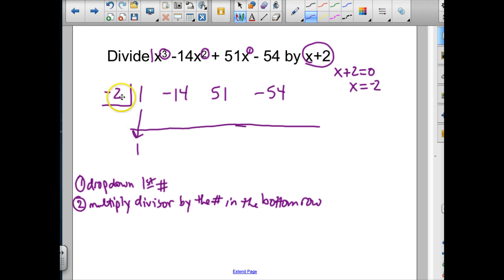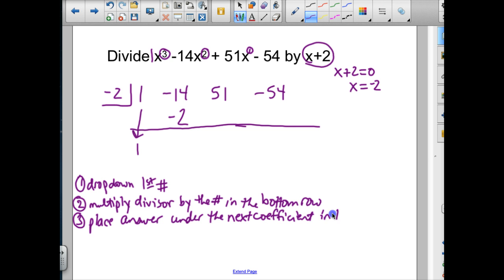So we'll drop that down, multiply negative 2 times 1. Negative 2 times 1 is negative 2. You place that answer under the next coefficient, in the middle row.